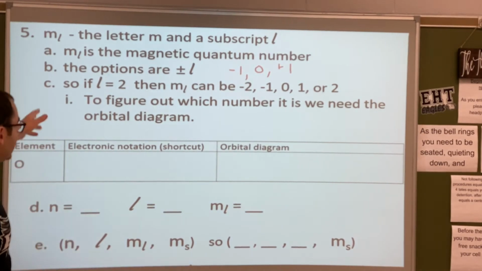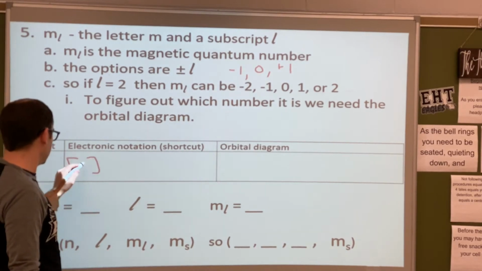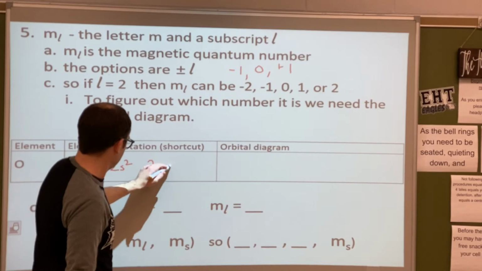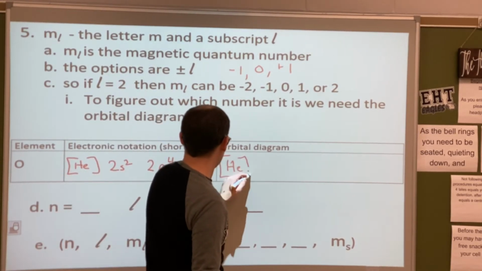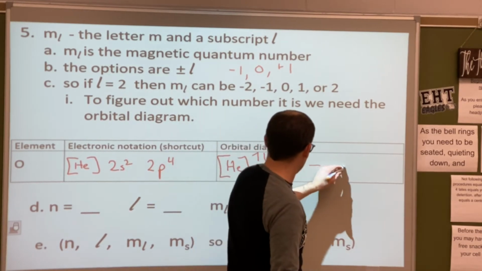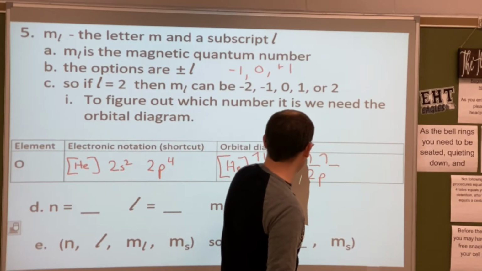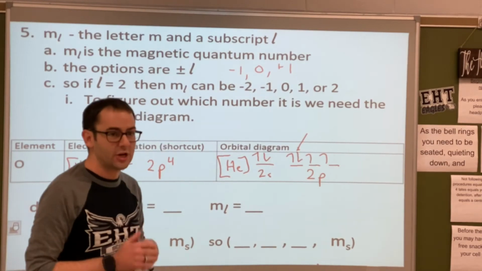All right, so to figure that out, we need the orbital diagram. We have this again. Orbital diagram. 2s up, down. 2p up, up, up, down, right? And that's the last one that I drew, the one over there. Okay, now check this out.